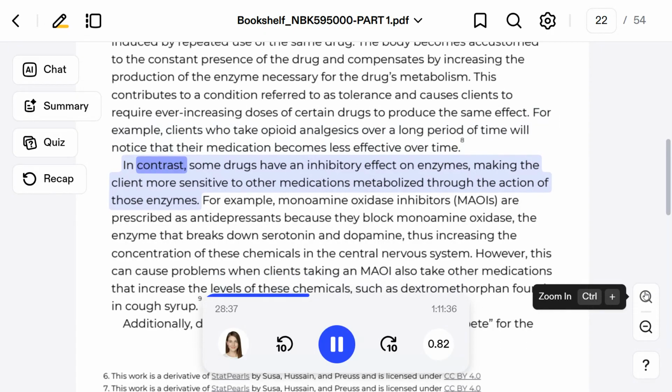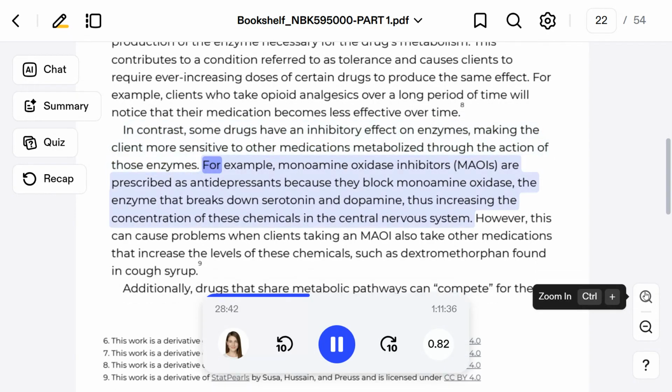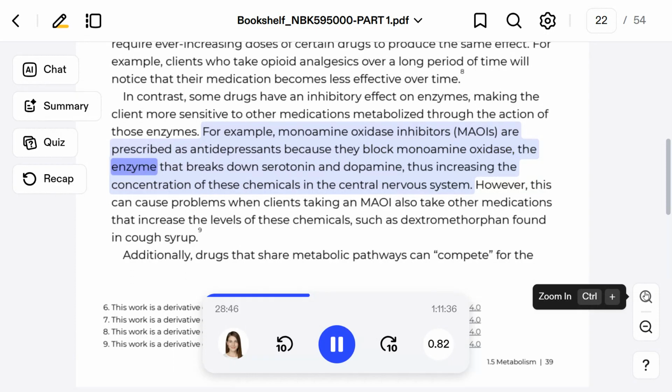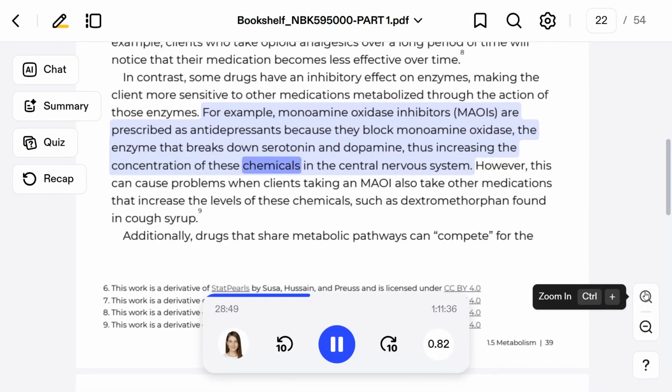In contrast, some drugs have an inhibitory effect on enzymes, making the client more sensitive to other medications metabolized through the action of those enzymes. For example, monoamine oxidase inhibitors are prescribed as antidepressants because they block monoamine oxidase, the enzyme that breaks down serotonin and dopamine, thus increasing the concentration of these chemicals in the central nervous system.